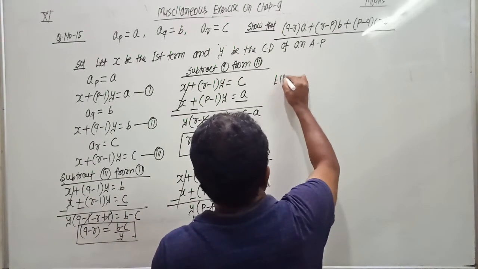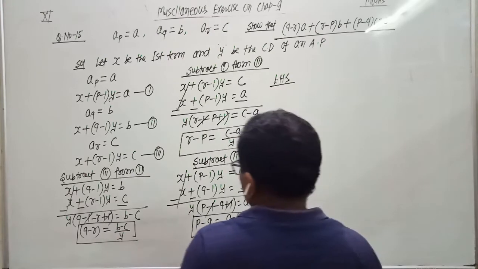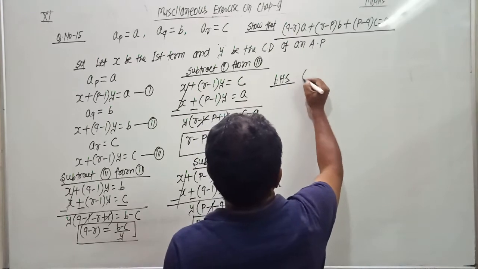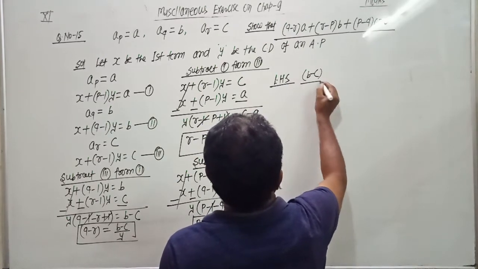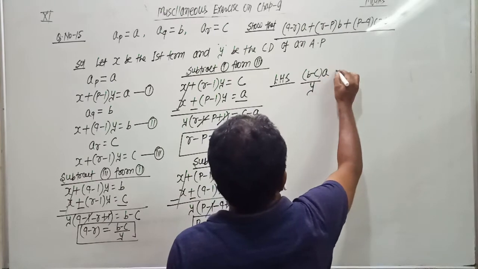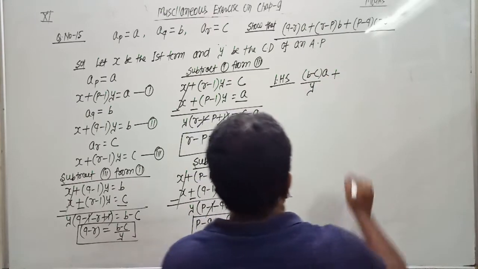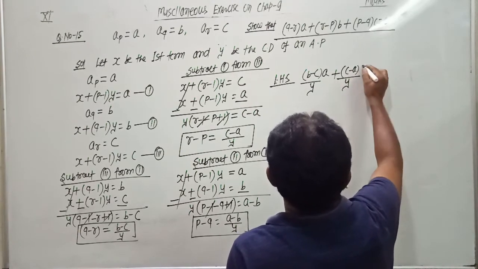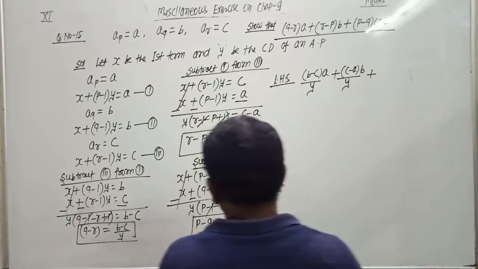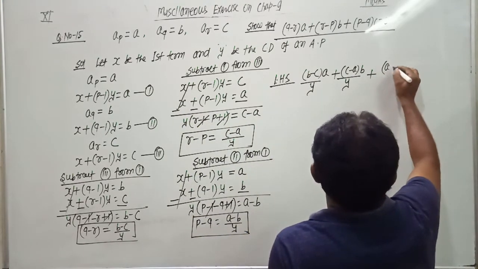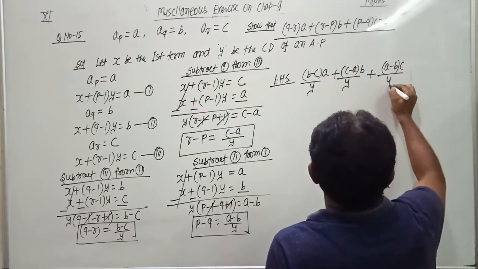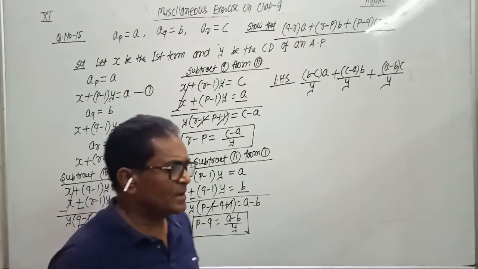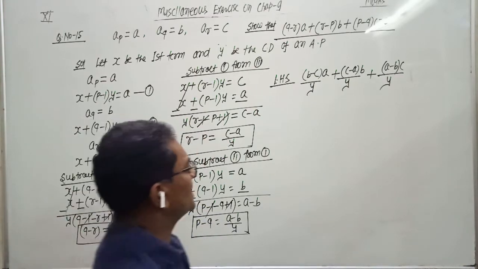Now put all these values in the LHS. The value of q minus r is (b minus c) upon y, into a. The value of r minus p is (c minus a) upon y, into b. And the value of p minus q is (a minus b) upon y, into c. In the LHS, we substituted the values of q minus r, r minus p and p minus q.